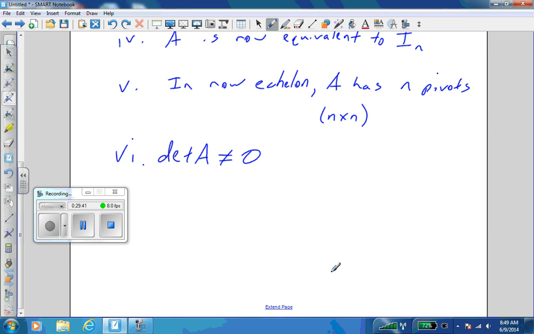A is not row equivalent to the identity matrix, and there are not n pivots. So if you took A, row reduced it, put it in row echelon, or reduced row echelon, you would have more columns than you have pivots. So basically you would have a 0 row.